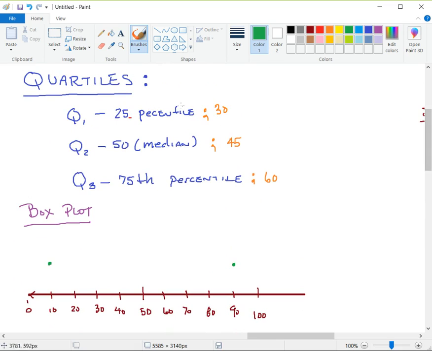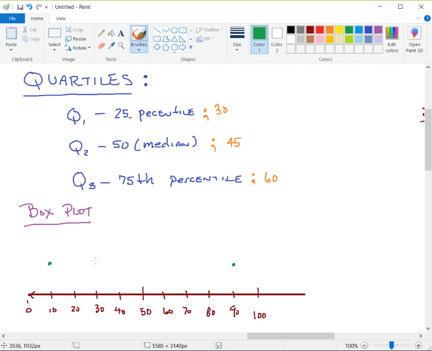So now we want to go to our first quartile. My first quartile, my 25th percentile, is at 30.